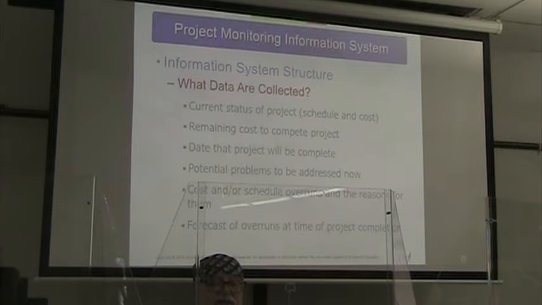Our cost and schedule overruns and the reasons for them, and again, how we are going to get back on track. And our forecast of overruns at the time of project completion. If there's just no way, because of scope creep, because of problems, that we are going to be able to get on track, we want to forecast how much we're going to be off track.